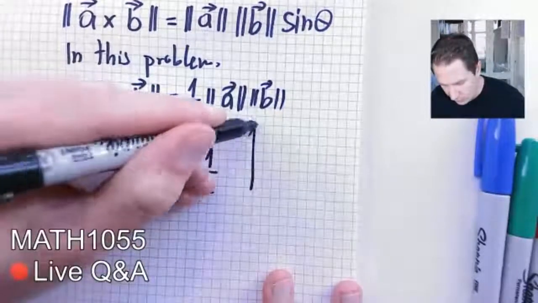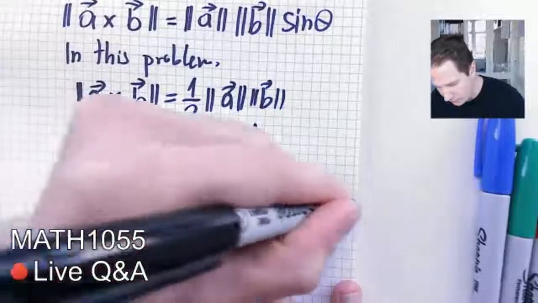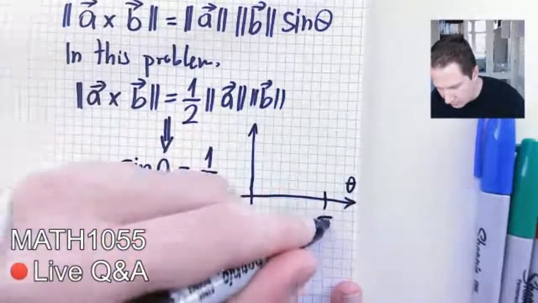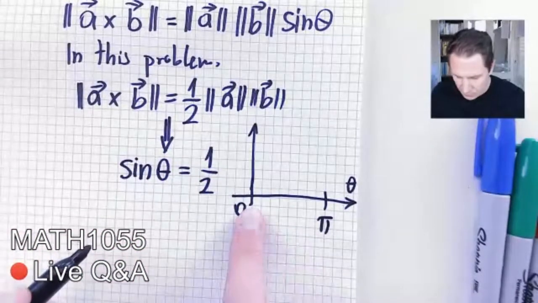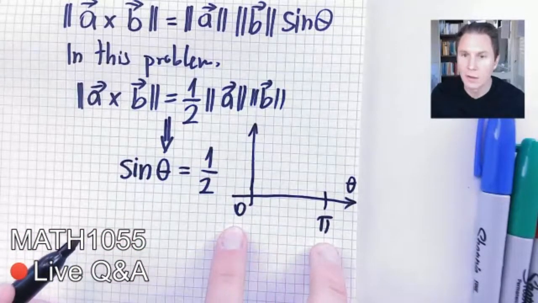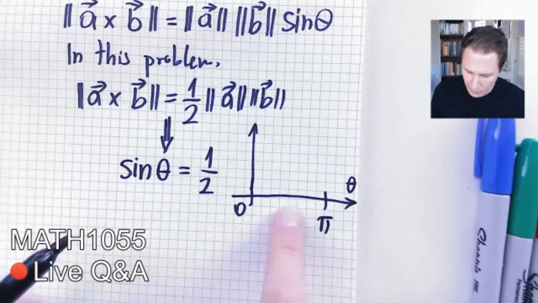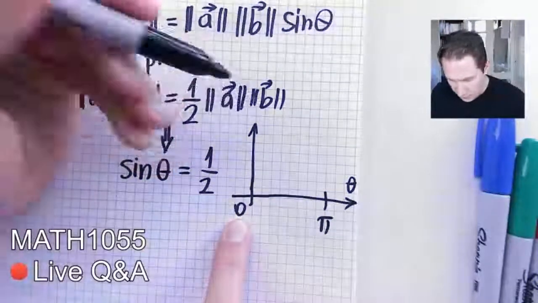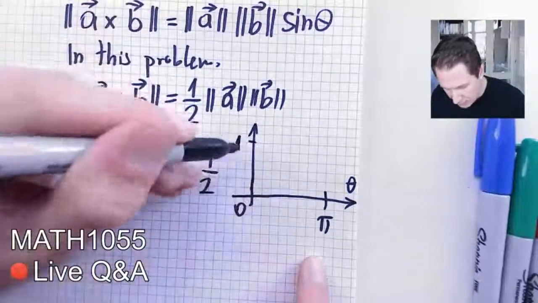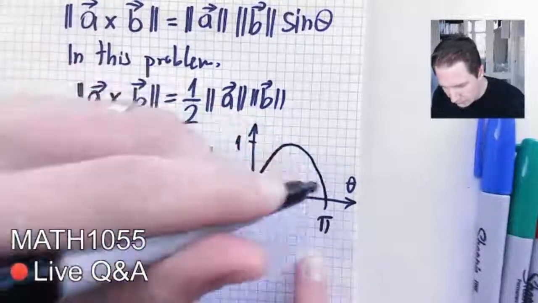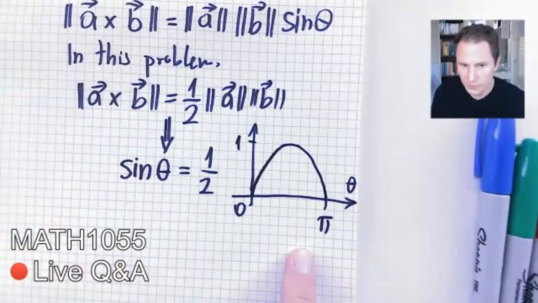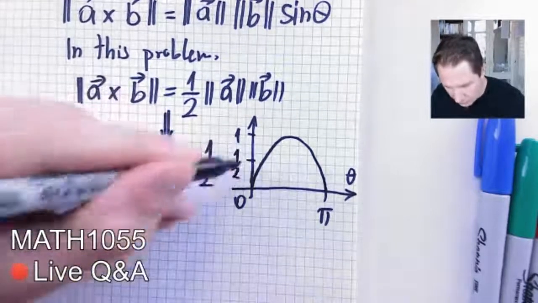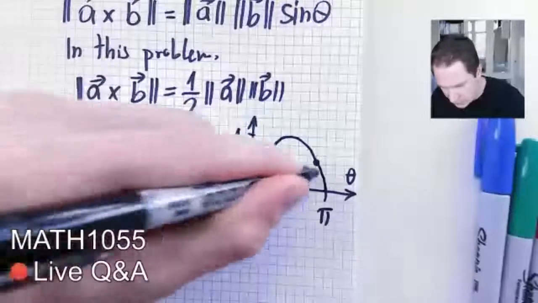And again, now instead of the cosine function, we have to consider the sine function. And again, let me remind you that with the angles of vectors, we only allow this angle to change in the interval between 0 and pi radians. The sine function is basically a hump between these two values, meaning that it takes the value 1/2 at two different spots.